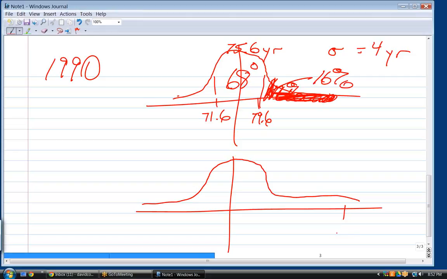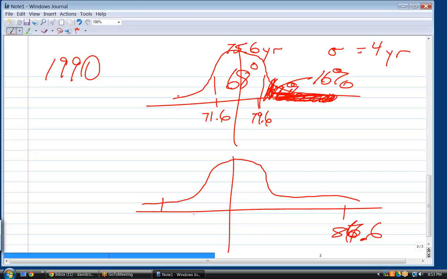So 87.6 is exactly 3 standard deviations. And we know that 99.7% lies within 3 standard deviations.